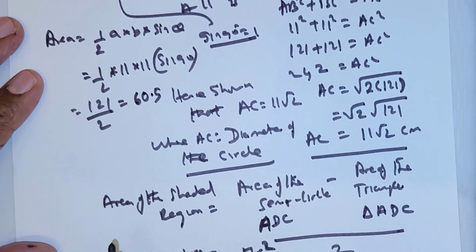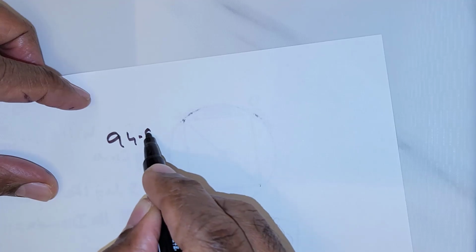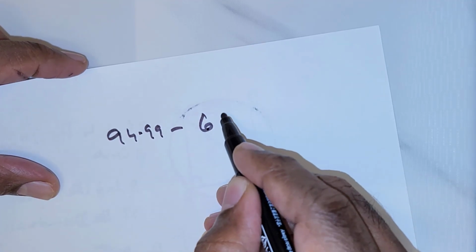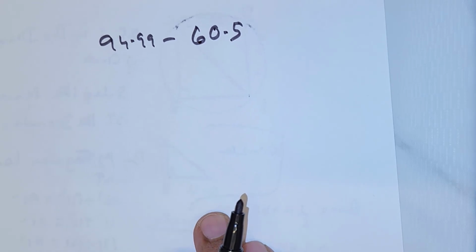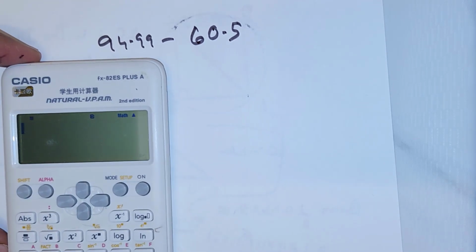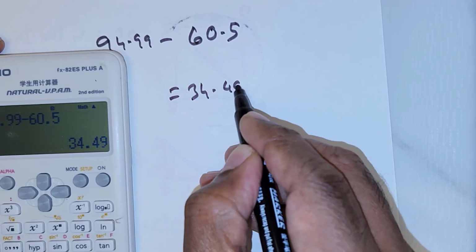So now from 94.99, you take away 60.5. What do you get? You get 34.49.